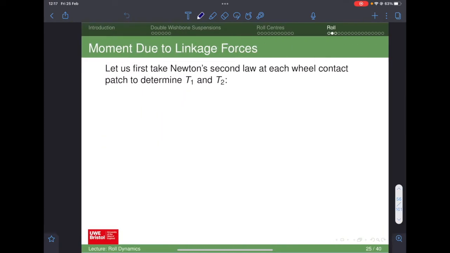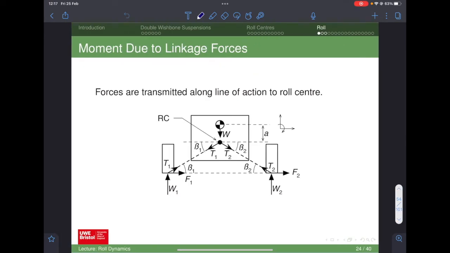If you look at this point here, you've got a force in this direction, and you've got T1 here, and this angle is beta 1.